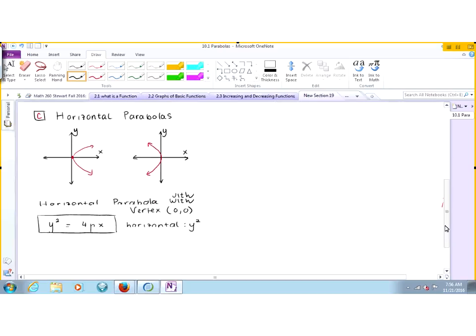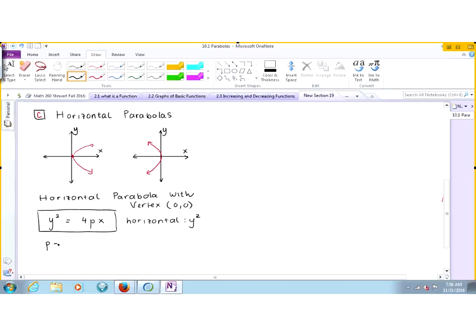So I'm going to write it again for this formula. What is P again? The distance from the vertex to the focus. How come we have two types of parabolas? How come one opens up, and the other opens right and left?